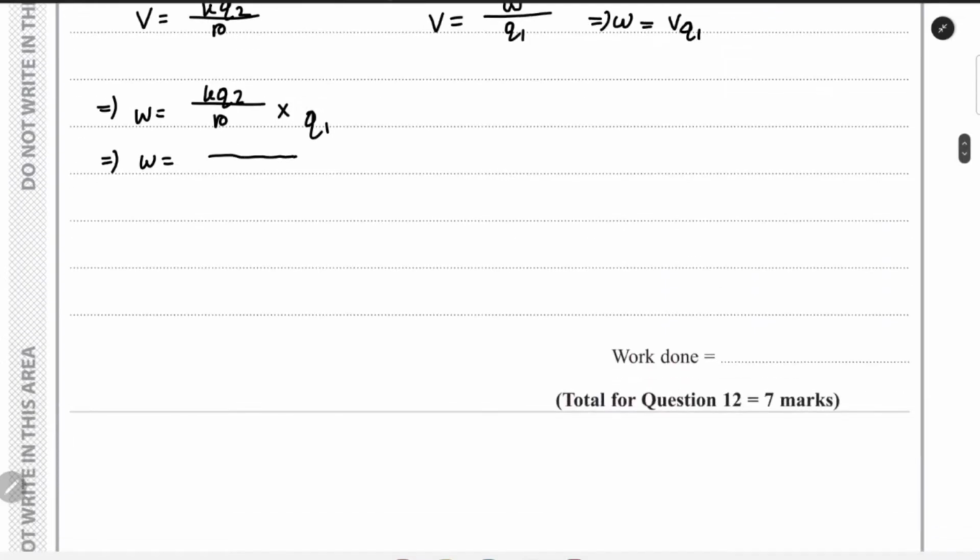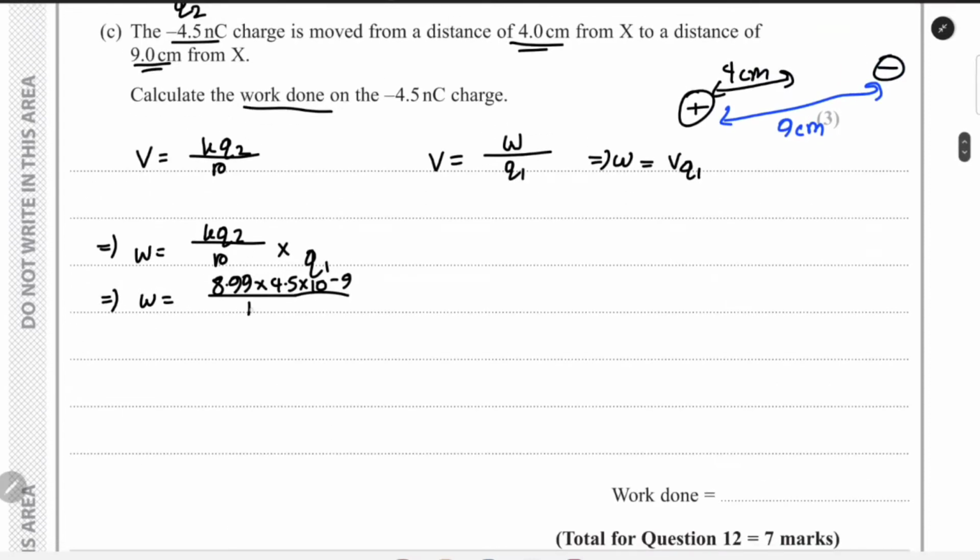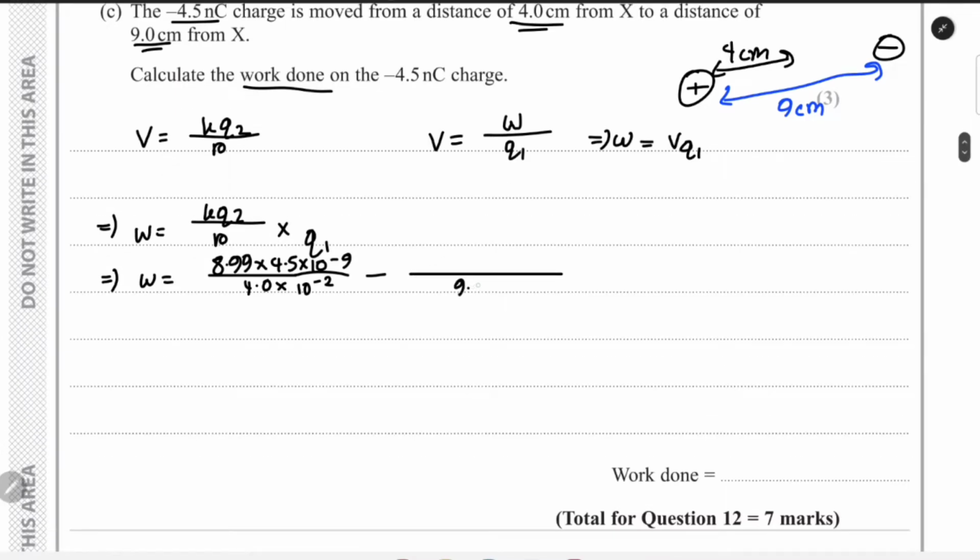So when it's 4 centimeters away, it's 8.99 into 4.5 into 10 to the power minus 9 divided by R, which is 4.0 times 10 to the power minus 2. Then I subtract the one for 9 centimeters, so 9 into 10 to the power minus 2.